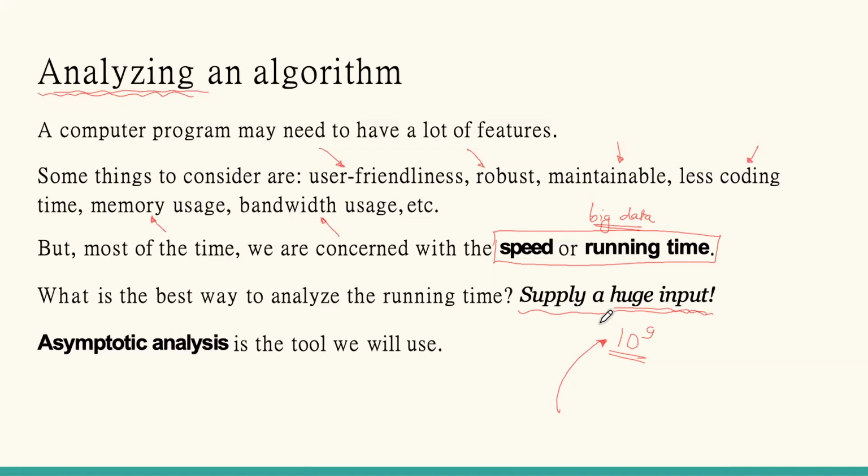So we resort to something known as asymptotic analysis. And this is the tool that we will use to analyze the running time of an algorithm. What asymptotic analysis basically means is, if the data input that I have is decided by size n, and on my y-axis I have running time t, then as I scale n, how does the running time increase?